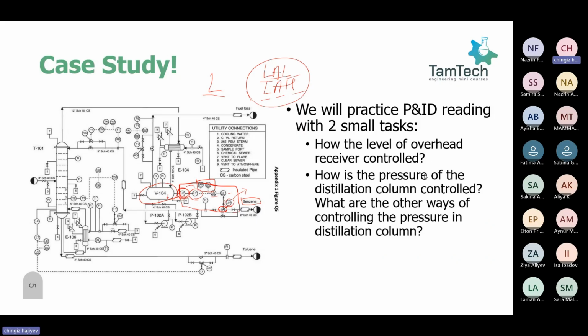Then, with the pressure controller of the upstream, okay, pressure controller again, good answer. I technically agree. Yes, pressure control, condenser duty can be used. Amazing. Yes, that we will discuss. Well done, Samra. That is one of the things that I want to mention. Then we have pressure of the distillation column controlled by the regulation of flow rate of cooling medium.